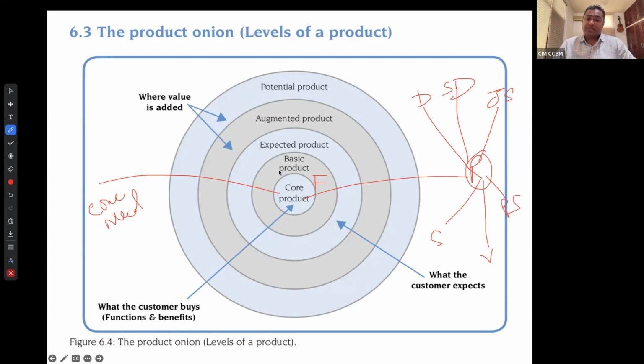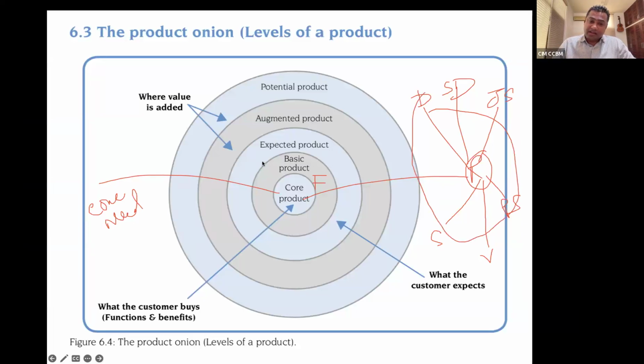So what has the marketer done? The marketer has taken this core need of rest and created different kinds of products. We call that the basic product.